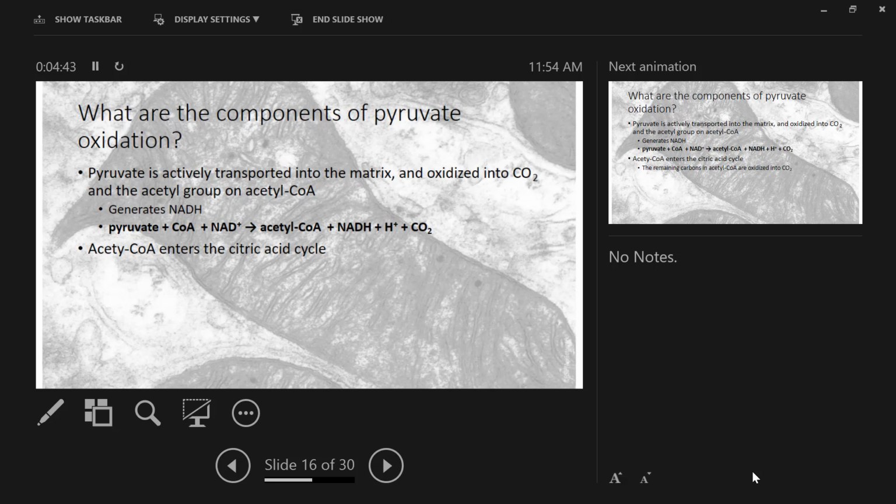Pyruvate oxidation is step 2A, Krebs cycle is step 2B, where we oxidize the rest of the carbons from pyruvate. 1 of the 3 carbons oxidized in this reaction, the other 2 are going to be oxidized during the Krebs cycle. All right. So the remaining carbons in acetyl-CoA are oxidized into carbon dioxide during the Krebs cycle or citric acid cycle or TCA cycle, whatever you want to call it, 3 names for the same thing.